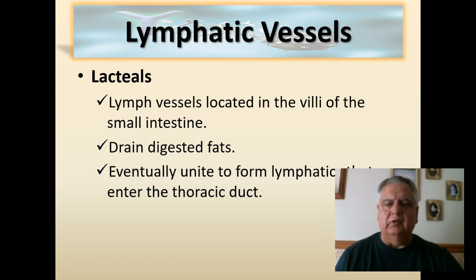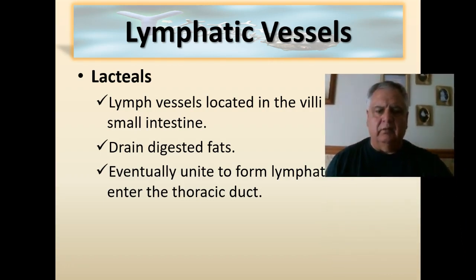Eventually, lacteals will unite to form lymphatics that will enter into the thoracic duct. So all lymphatics that carry lymph from lacteals, that lymph will be returned to the blood via the thoracic duct.